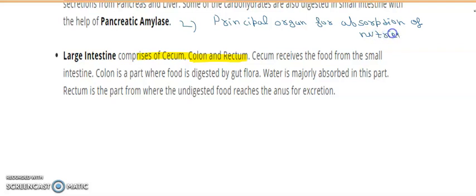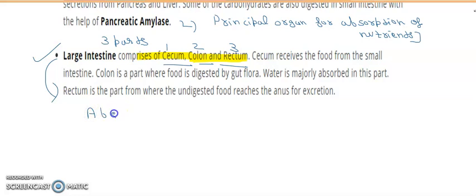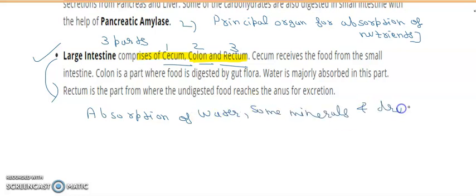Next is the large intestine. The large intestine has three parts, as we discussed: cecum, colon and rectum. Absorption of water, some minerals and drugs takes place in the large intestine.